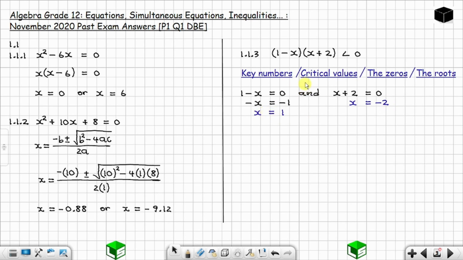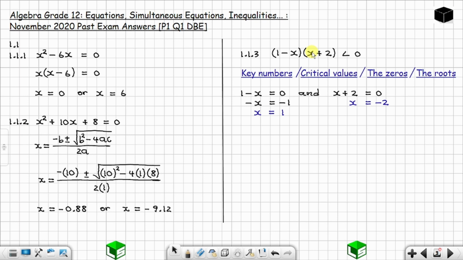Or your critical values are 1 and negative 2. So this is how you solve a quadratic inequality. You need to find first your key numbers or your critical values. How can you see that this is a quadratic inequality? You can see that when this x multiplies with this other x, you are going to have x squared. And this is a quadratic inequality, which is an inequality of the second degree.